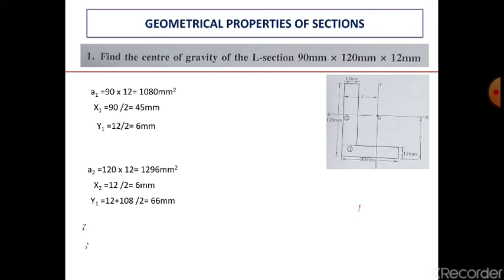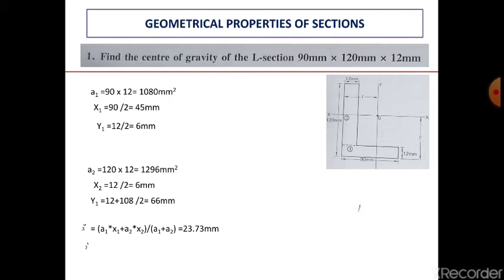A1 x1 plus A2 x2 by A1 plus A2, right? So when you substitute the values in this formula, you will get the value as 23.73.